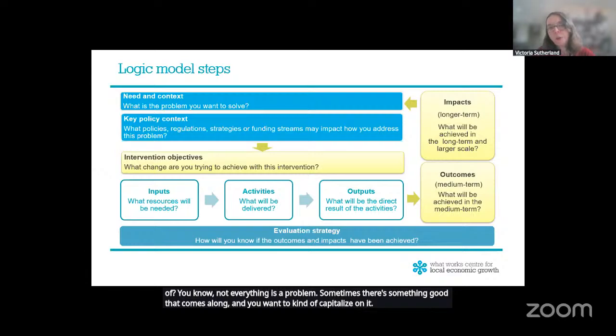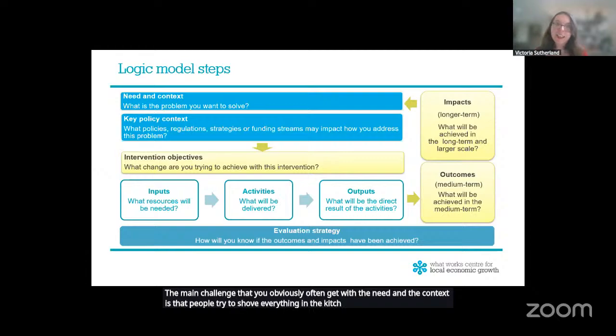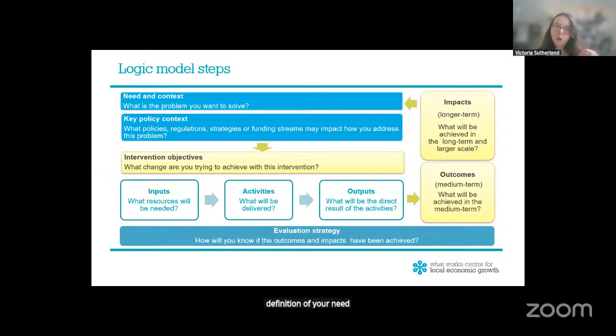I think when we think about the logic models we often see in local growth policy, the main challenge that you often get with the need and the context is that people try to shove everything in the kitchen sink into that box. So we would argue that generally it's better to have a narrow definition of your need, to focus on one or a small number of issues in there.